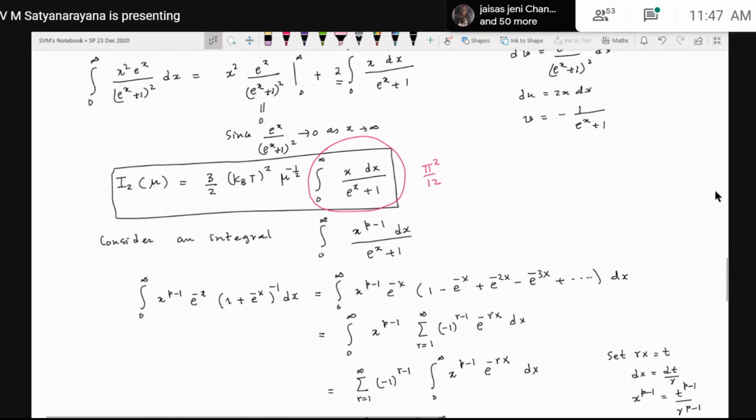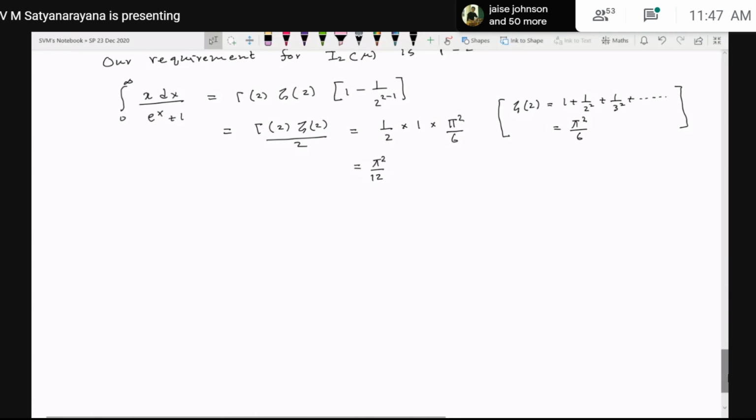So let us write that. I have my I mu equal to 2 by 3 into, this is the 2 by 3 that Abhijit was reminding, mu to the power 3 by 2 plus 3 pi square by 24.